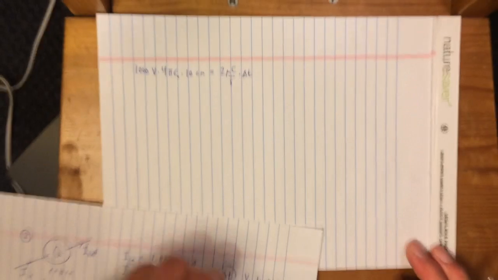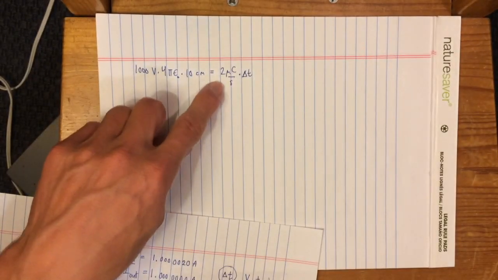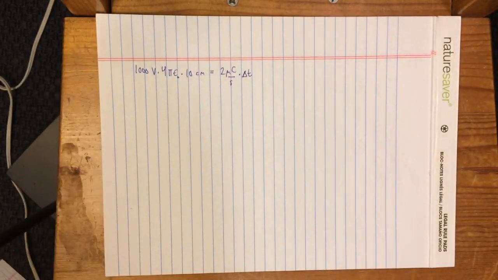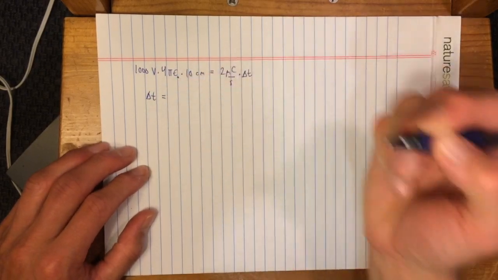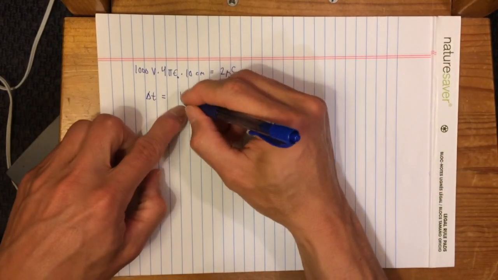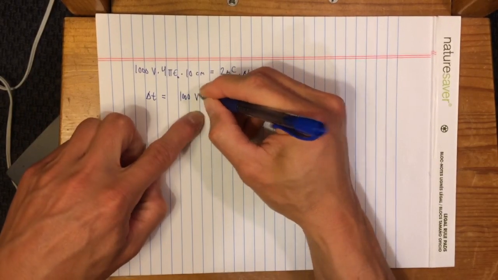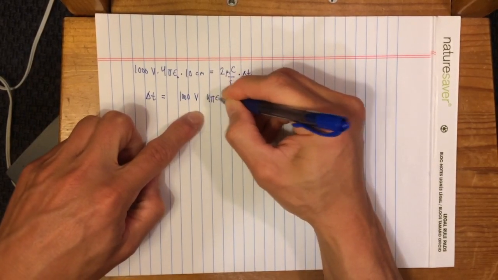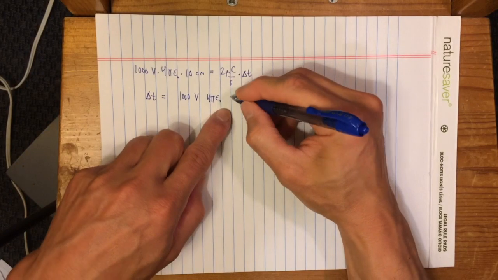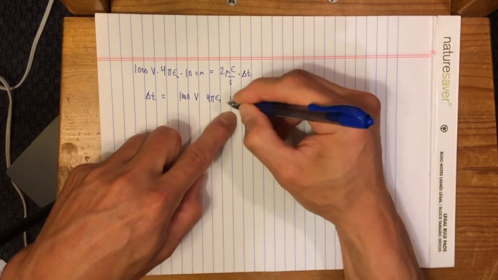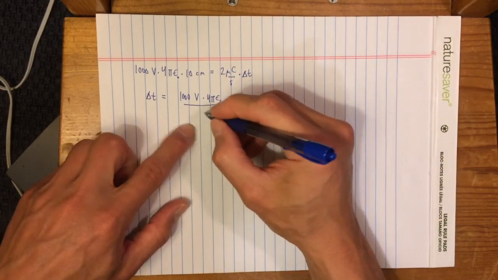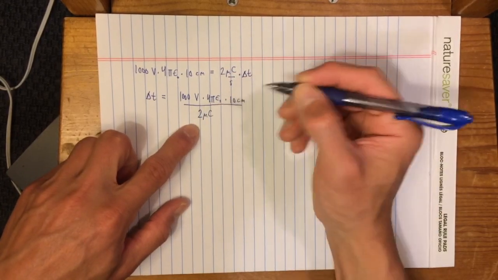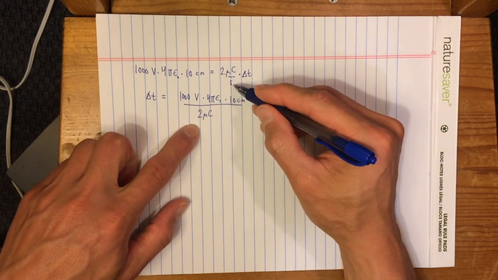So of course I can divide both sides by 2 microcoulombs per second, and we can write that delta T is equal to 1,000 volts times 4 pi epsilon naught times 10 centimeters, and then divide by 2 microcoulombs per second.